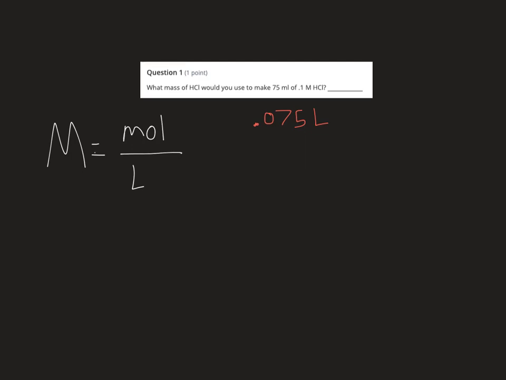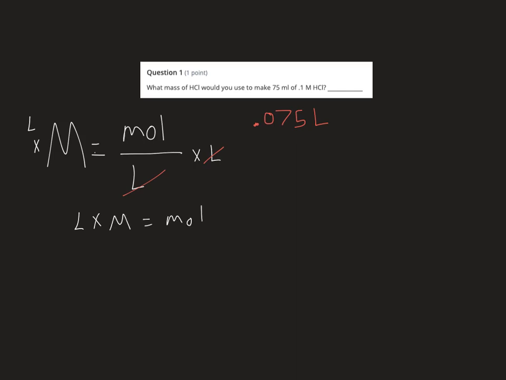Now, to solve for moles of solute, I'm going to multiply both sides by liters. Okay, so that my liters cancel out right here, and I'm left with liters times molarity equals moles.